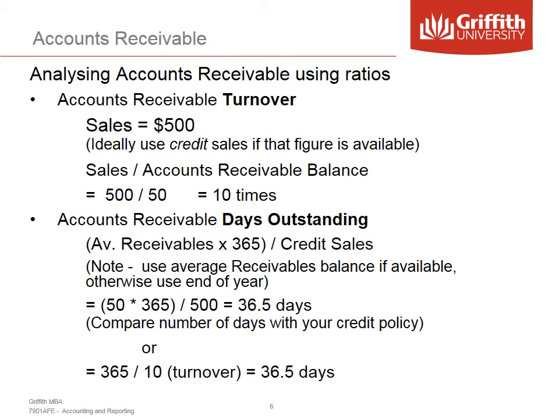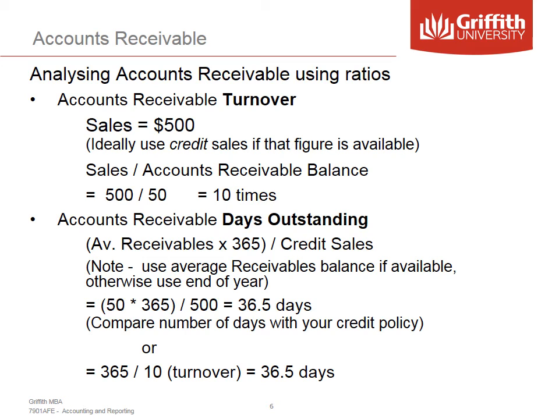Look at the accounts receivable balance. In this case, that will come off your balance sheet, and in this case it's given to us as 50. How many times do we turn over the accounts receivable balance of 50 when it represents sales, unpaid sales, of 500 in a year? And the answer to that is 10 times.